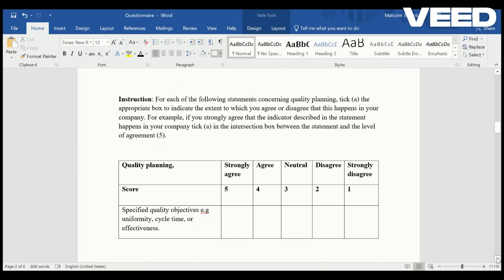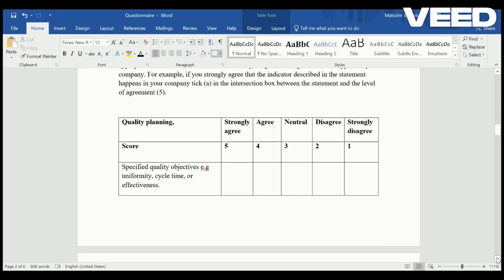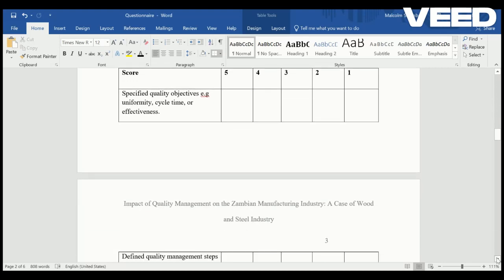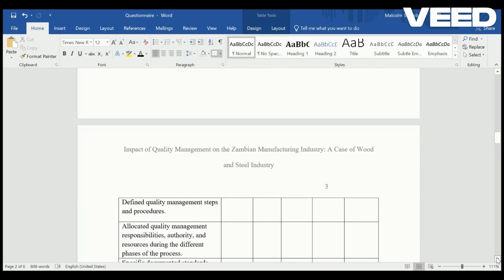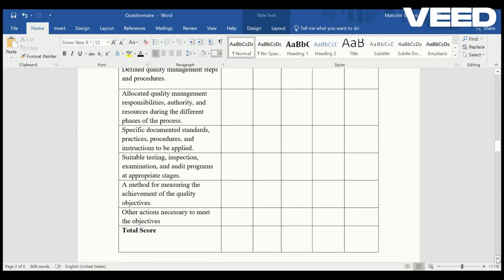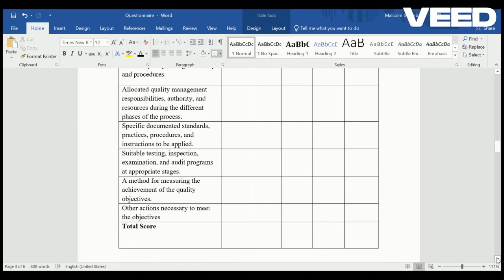And these are the details. That's an ordinal scale where I was ranking the responses. Some call it a Likert scale. All this part is trying to investigate quality management, the strength of quality management as the independent variable.